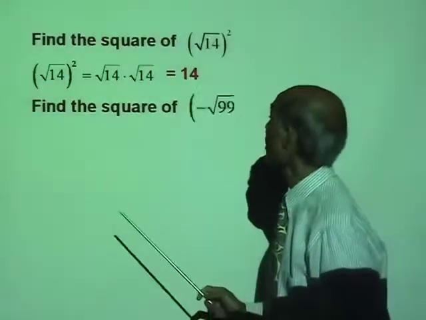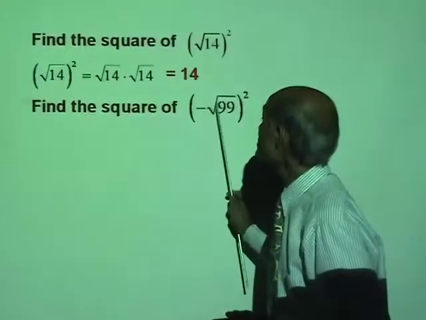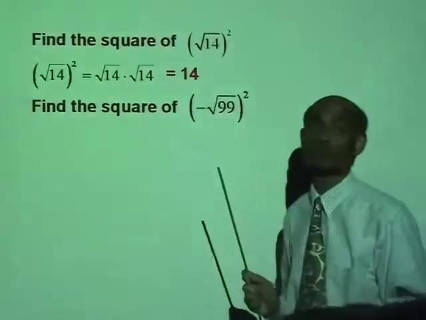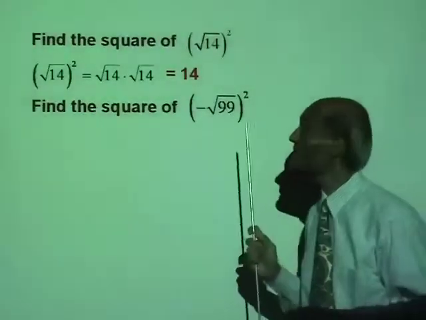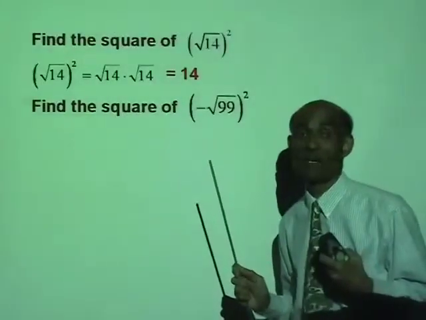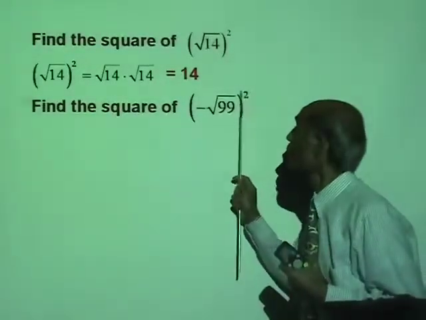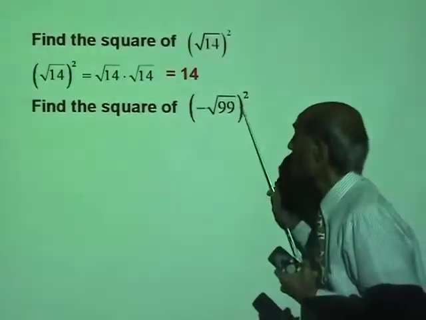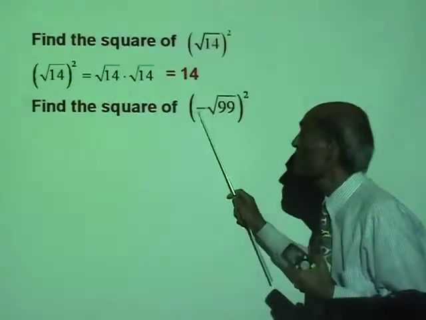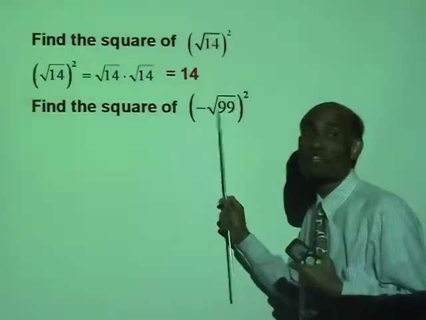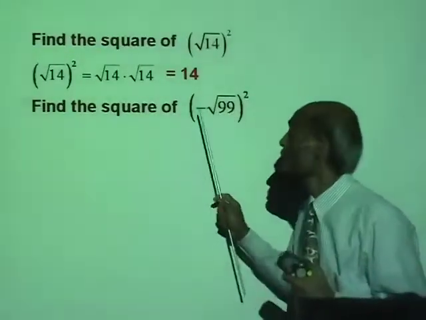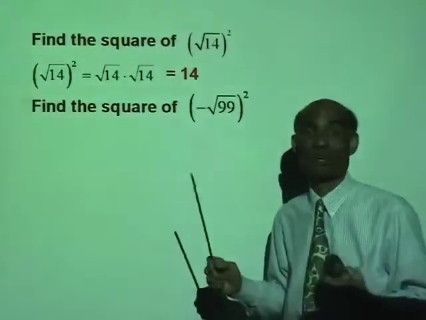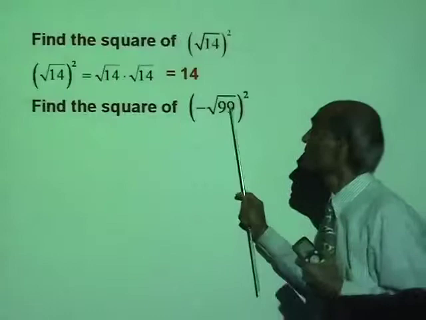Find the square of negative square root of 99, raised to the power of 2. If you notice here, two things will happen. What are they? When you square a negative number, you can see the number is inside the parenthesis, which means everything inside the parenthesis is squared. So squaring a negative number will make it positive. What is the second thing that will happen?